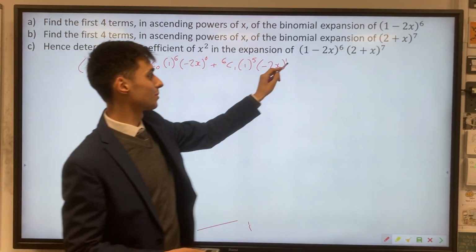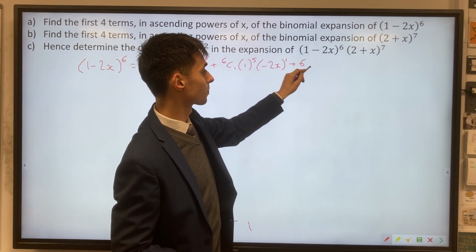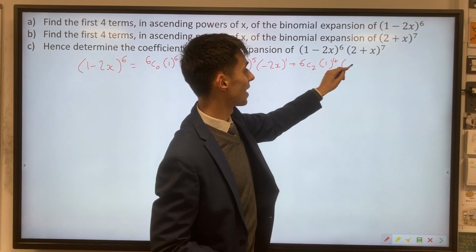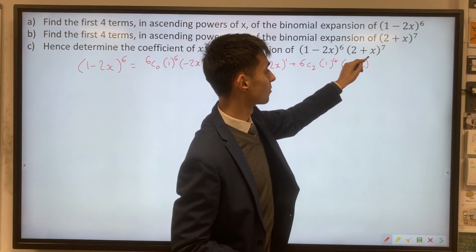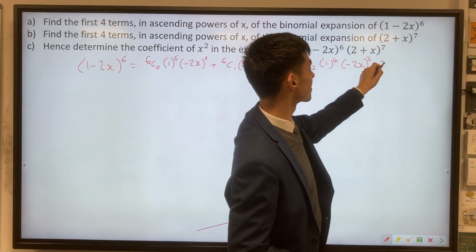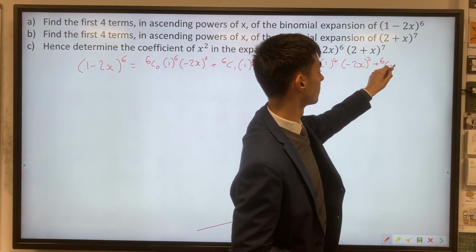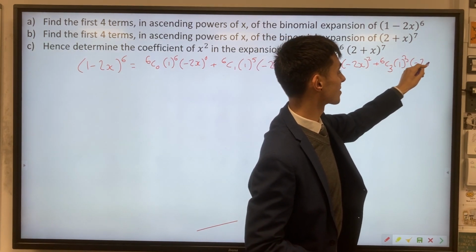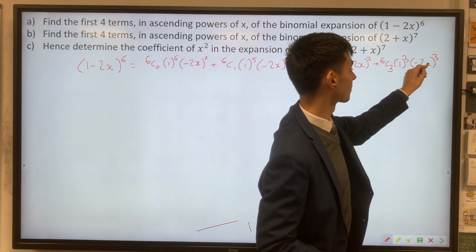The next term we'll get 6 choose 2, 1 to the power of 4, and then minus 2x to the power of 2. And we'll squeeze the last term in. We'll get 6 choose 3, 1 to the power of 3, minus 2x to the power of 3, dot, dot, dot.